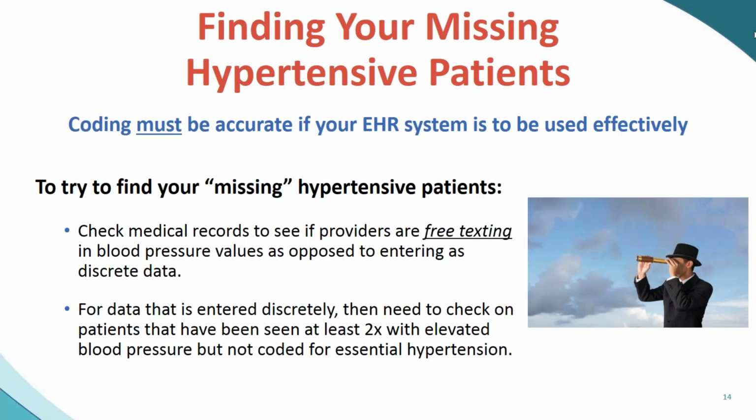And the second reason that you may be missing these patients is, depending on how the quality report is set up, technically it's supposed to be patients who have been seen twice with elevated blood pressure and not coded for hypertension. So whether or not the 2 times have been met or whether the coding is lacking, these are the areas that really create the issues about where these hypertensive patients can be found in your EHR system.